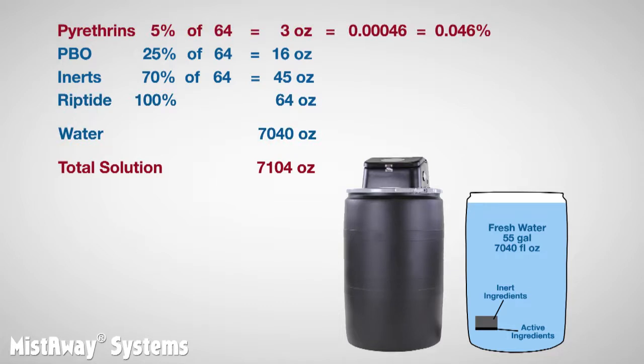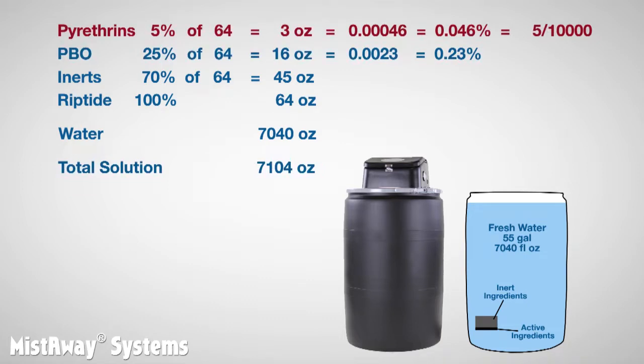Now if we divide the 3+ ounces of pyrethrum into the whole volume now in the drum, 7,104 ounces of water plus concentrate, the result is the concentration of pyrethrins in the solution, 0.00046, or 0.046%. You can repeat the calculations for PBO to learn that it is 0.23% in the mist.